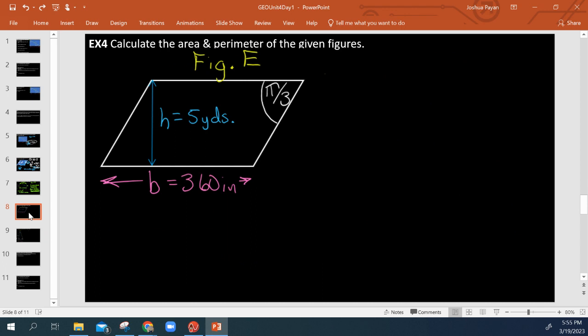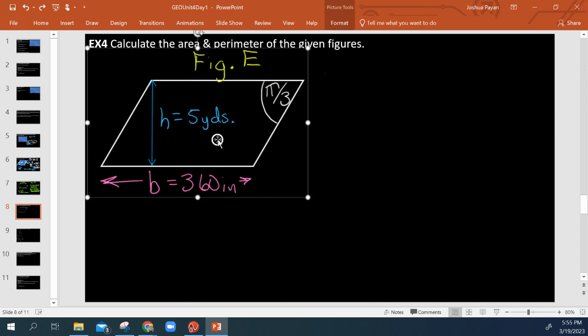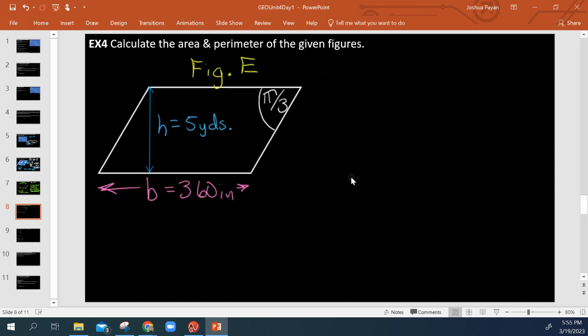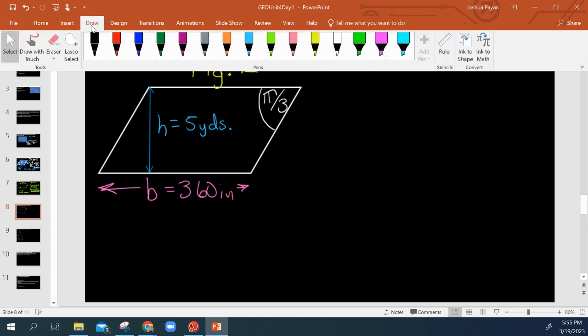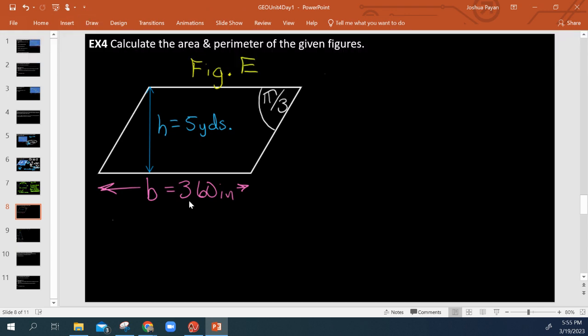Okay, so this one's a little bit different just because we have different units, right? We see that we have inches and we see that we also have yards. Okay, so I'm going to convert these inches into yards. So first I'm going to convert into feet, then I'm going to convert into yards. So converting inches to feet, I'm just going to divide by 12.